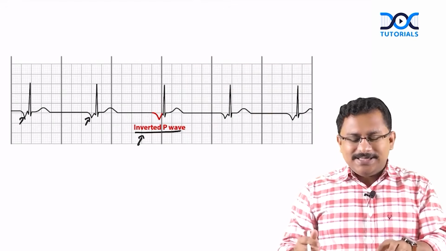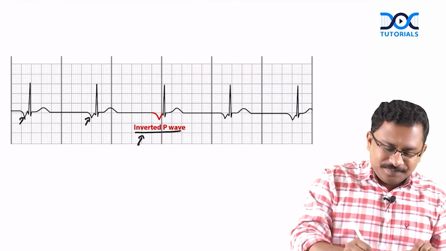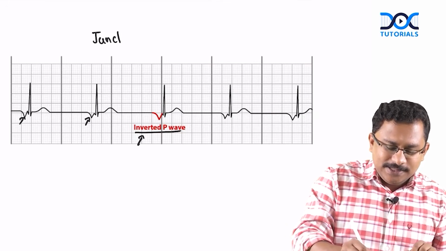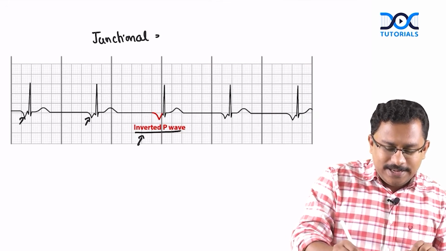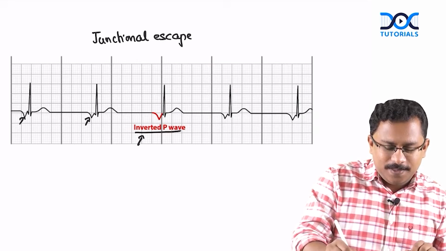So the depolarization of the ventricles happens together. So the QRS shape in a junctional rhythm is also normal, just like in sinus rhythm. So this is a junctional escape rhythm. Clear?